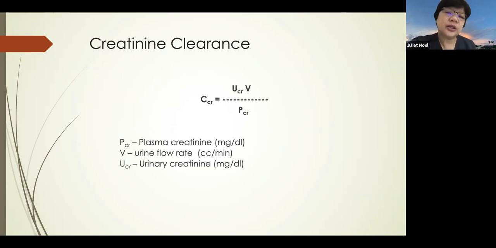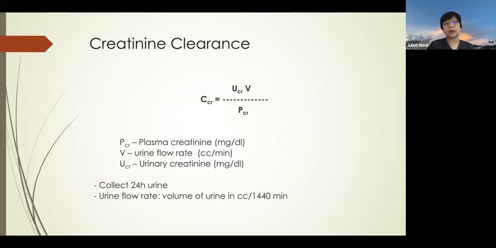You measure the urine flow rate by dividing the volume of the urine in cc by the number of minutes per day, which is 1,440 minutes. So if you have 2,000 ml of urine collected, divided by 1,440, it's about 1.4 cc per minute, which will be the urine flow rate.